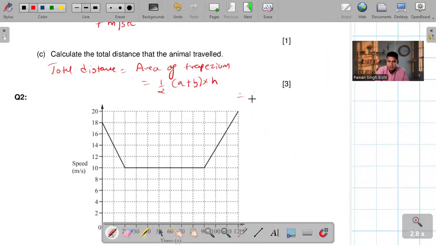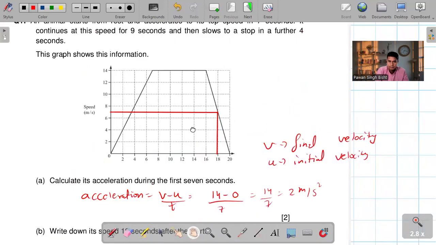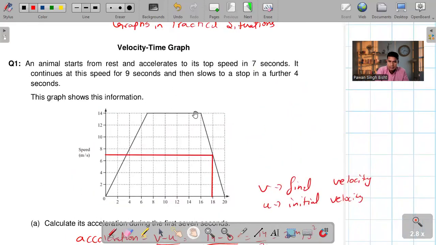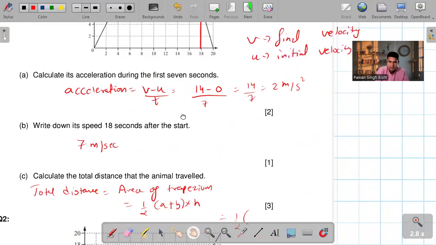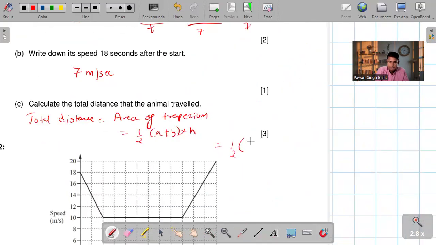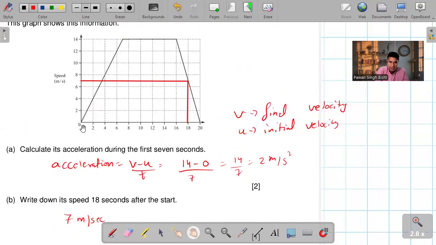Now put the value of half a plus b. A means the parallel side from here until here. So 16 minus 7, how much? 9. So A is 9. B is 20, you see, from here until here, it's 20.